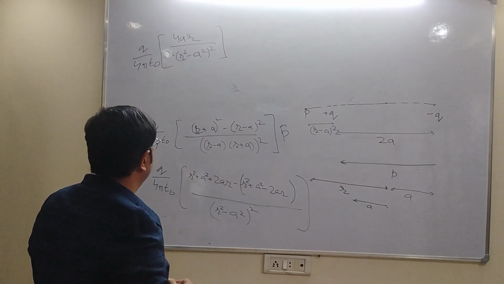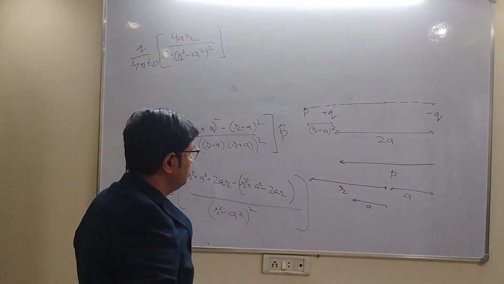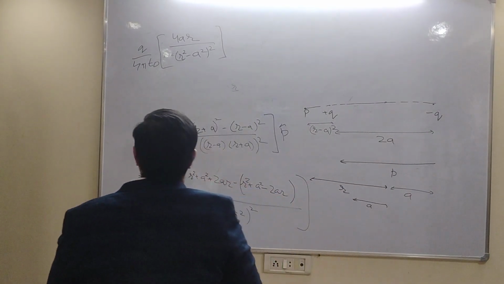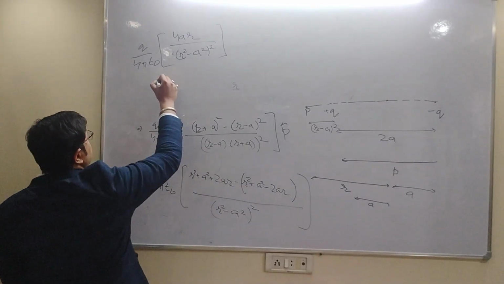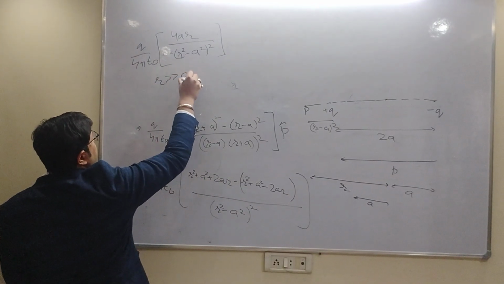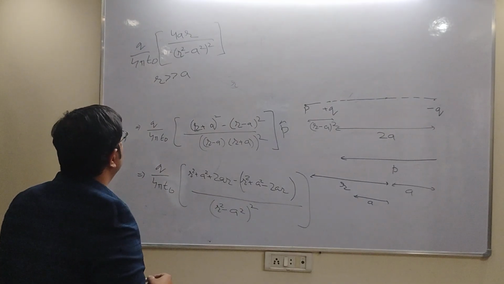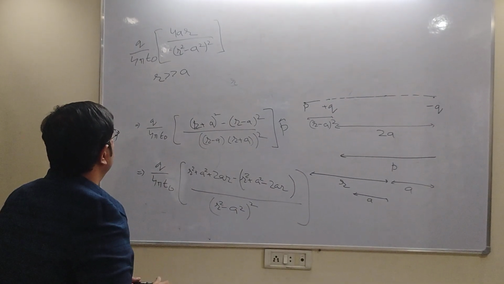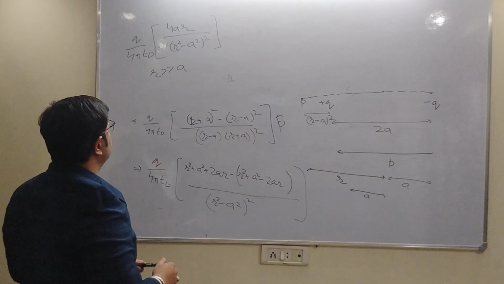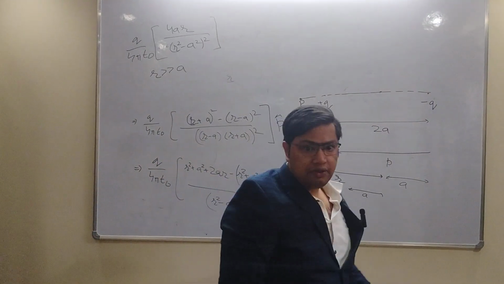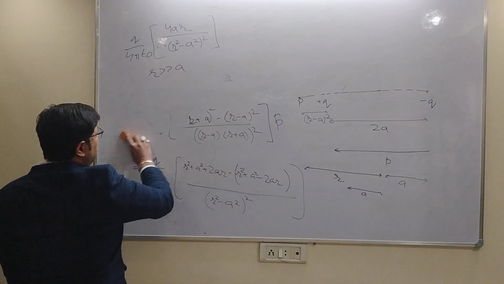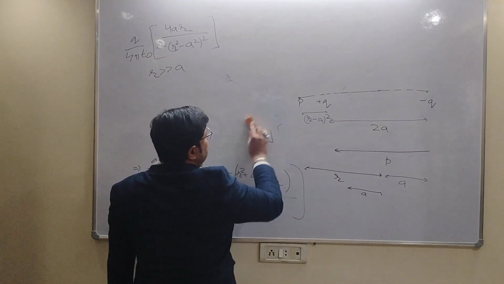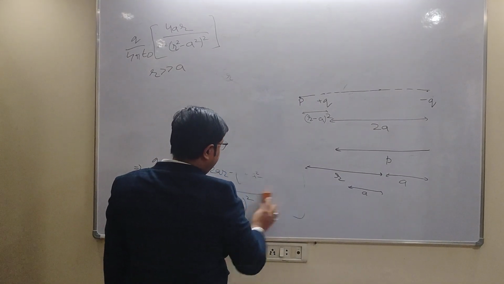So when r is much greater than a, what happens to this expression? Can anyone guess what happens to this expression when r is much greater than a? What is the meaning of this, that r is much greater than a?